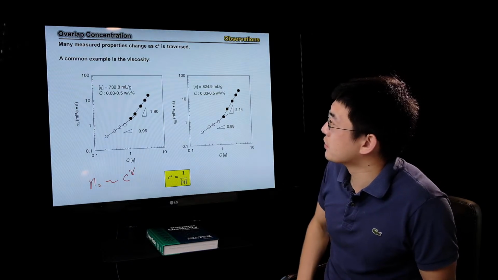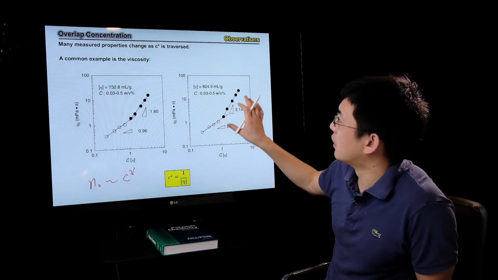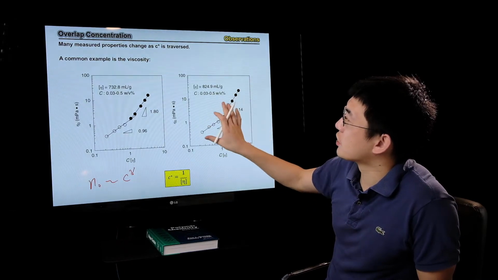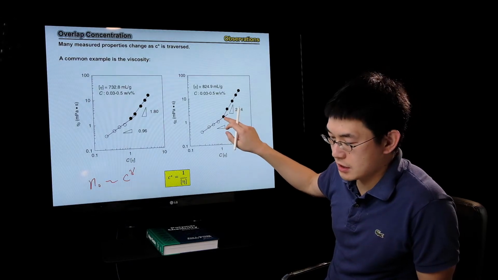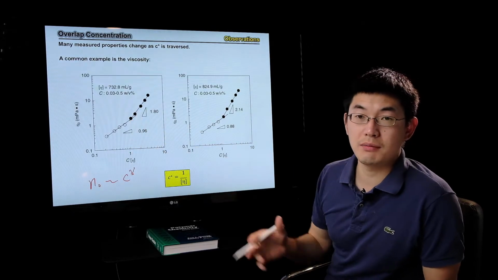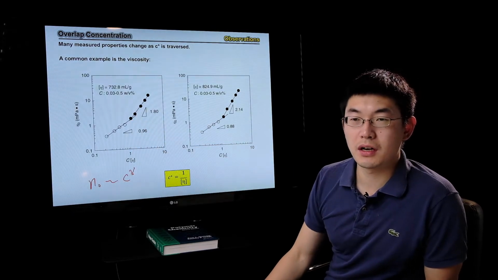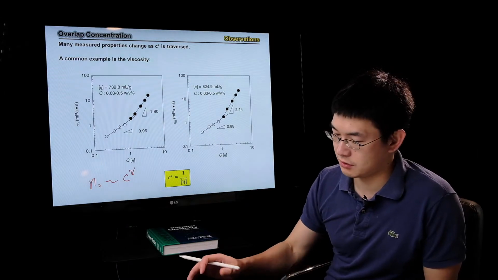With regard to different concentrations, you can also see different polymers show quite different behavior, but what is common is that they all show this transition. And this transition point happens to be where your polymers start touching each other, also defined as the overlapping concentration, okay?